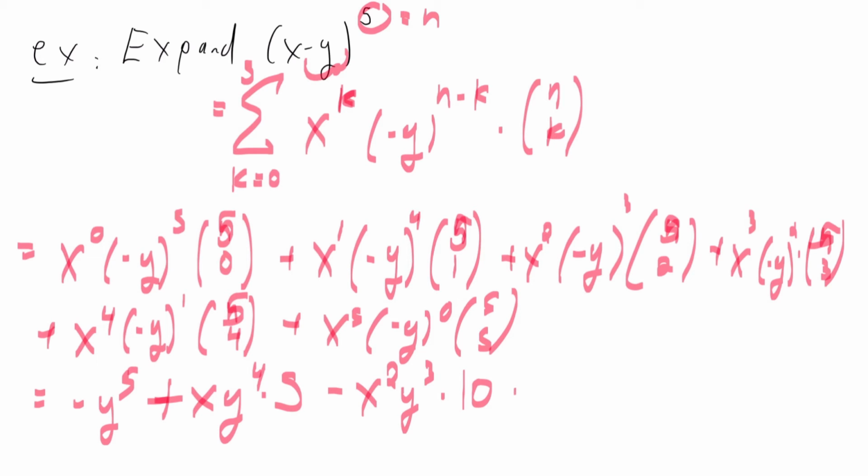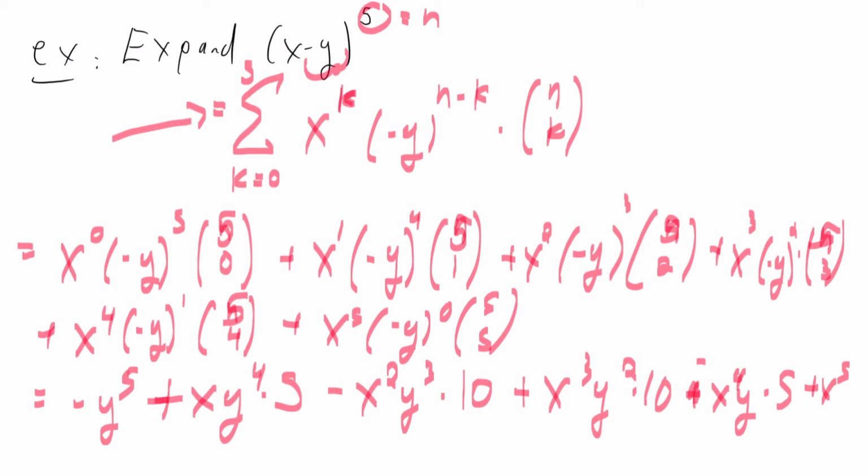Then plus x cubed y squared times 10, plus x to the 4th with a minus times y times 5, plus x to the 5th. So it's quite complicated, but using the binomial theorem is certainly much faster than trying to expand it by hand.